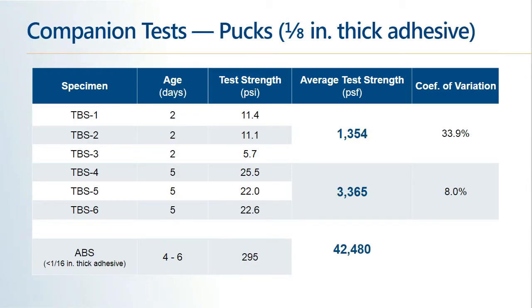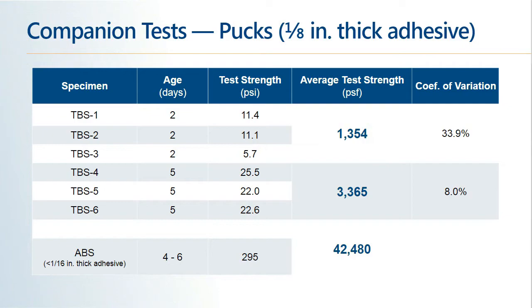For the companion test for the pucks with the 1/8-inch thick adhesive, we had some interesting results. We tested at 2 days and then at 5 days aging, and because of the diameter of the pucks and the way the test machine works on the Instron, those test results were measured in pounds per square inch.